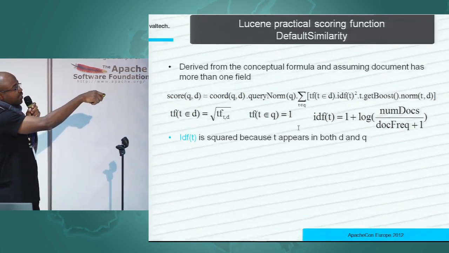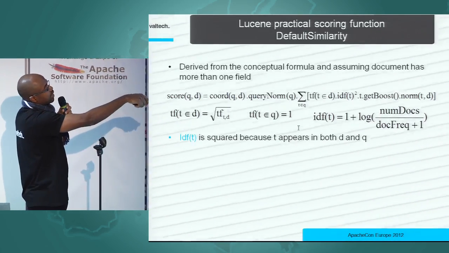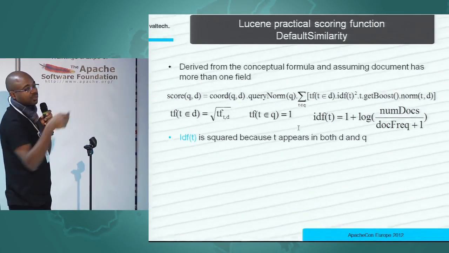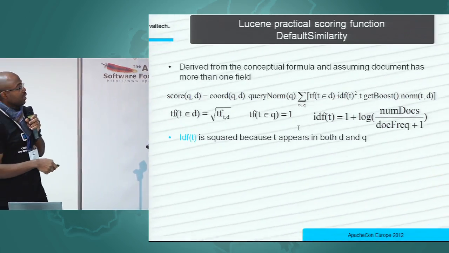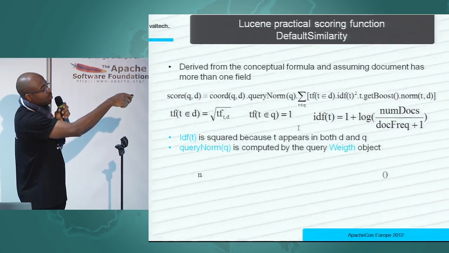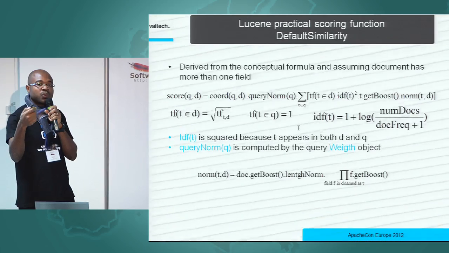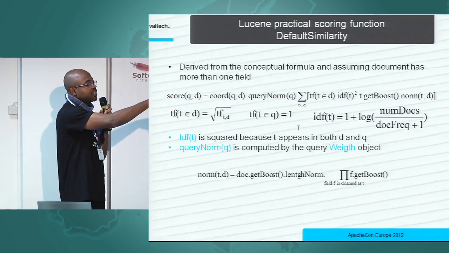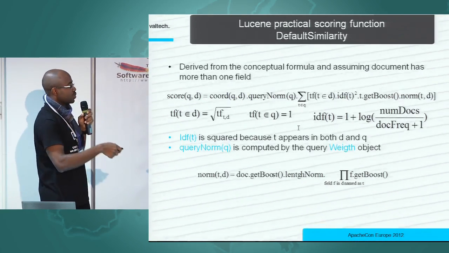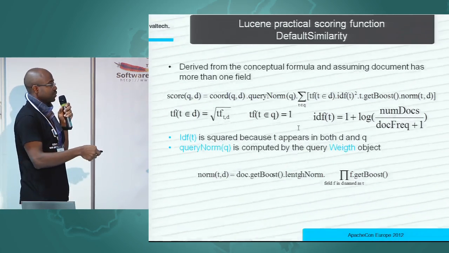The inverse document frequency is squared here because it appears in both query and document. And the query norm is computed by the query weight object. This is the internal object in Lucene that represents the query the user typed, and it is that object that decides which scorer to use, depending on the type of the query.